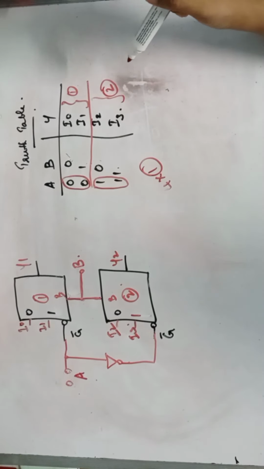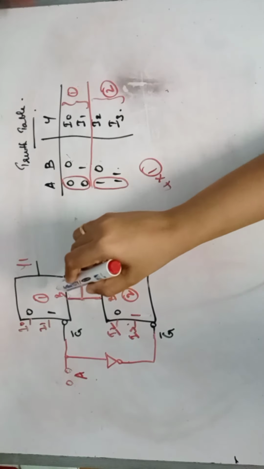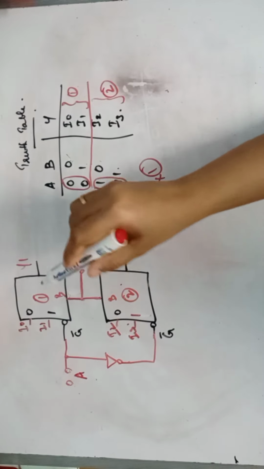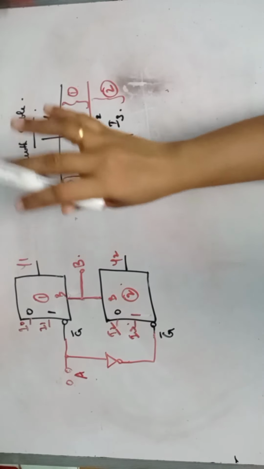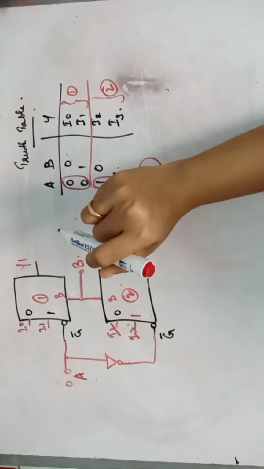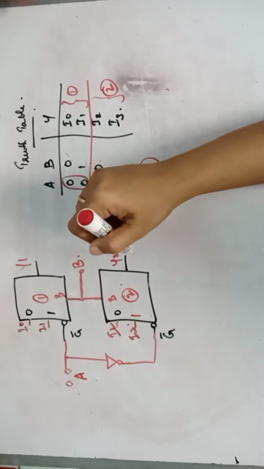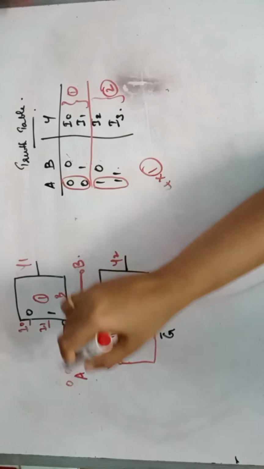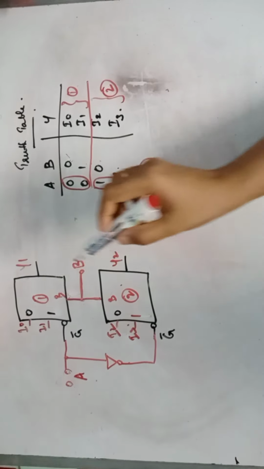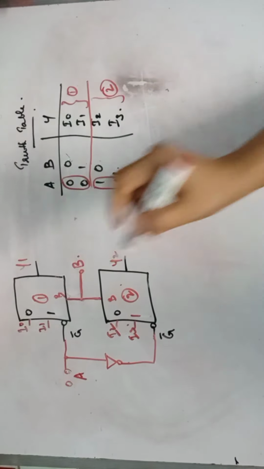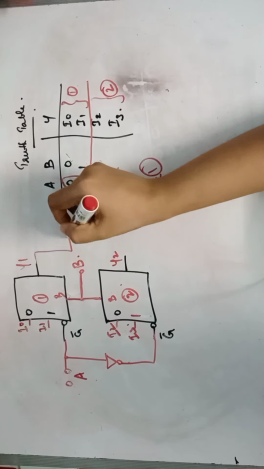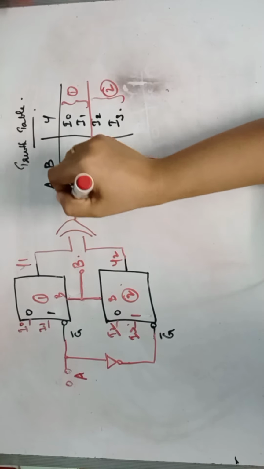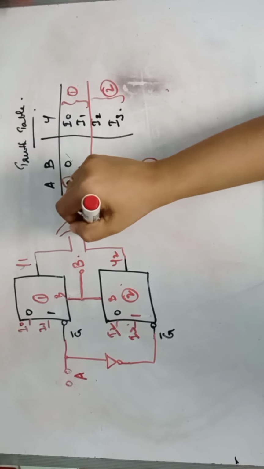That output should be either the output of the first IC or the output of the second IC, because both Y1 and Y2 will not be active at the same time, because only one IC is selected at a particular time using this. So either Y1 or Y2 means you are giving this to an OR gate. So this is your Y.